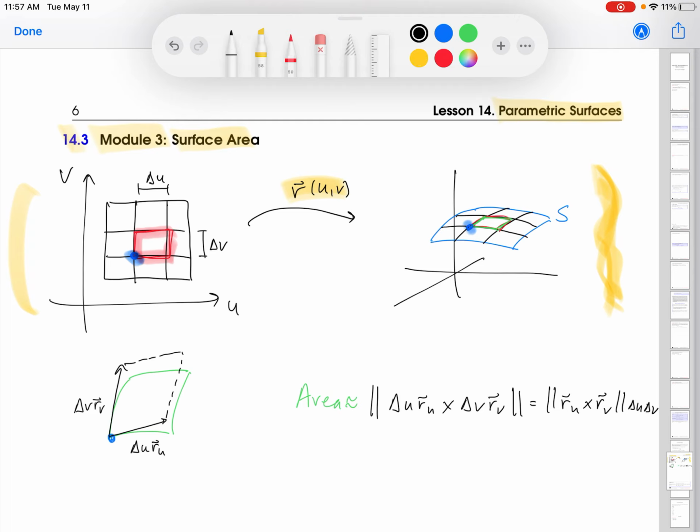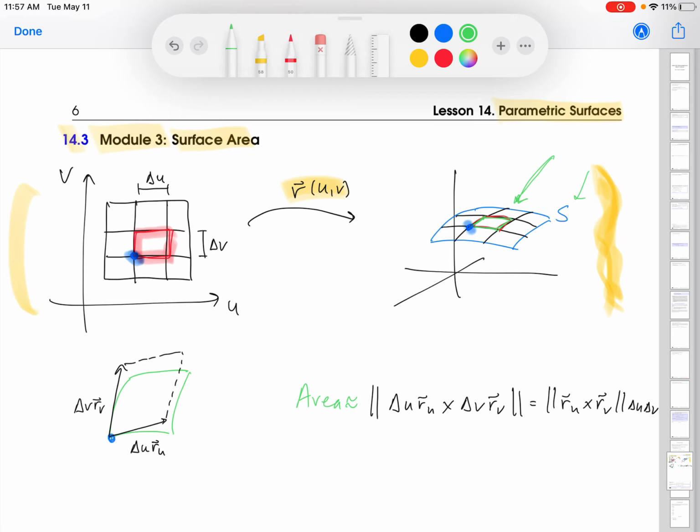So we get this green curvy patch, if you will, on the surface S. And then the notion is that if we're talking about the surface area of S, the area of this blue surface, how can we represent that as the sum of surface areas of all these little patches?